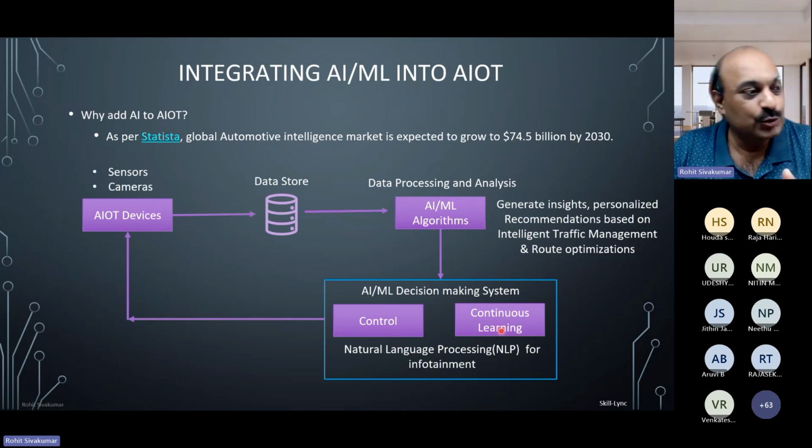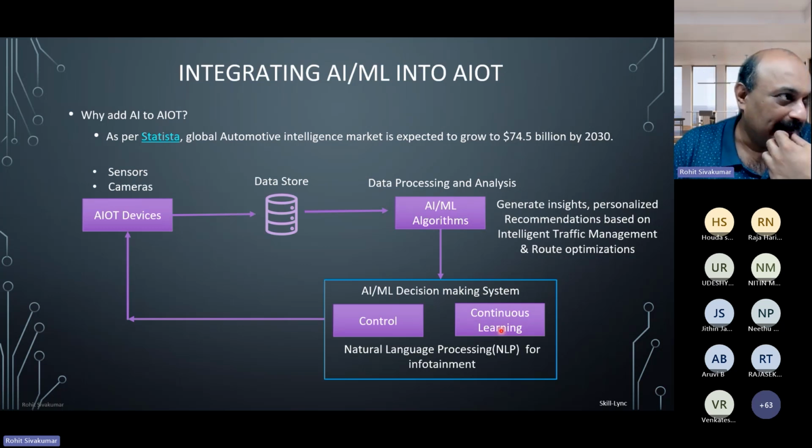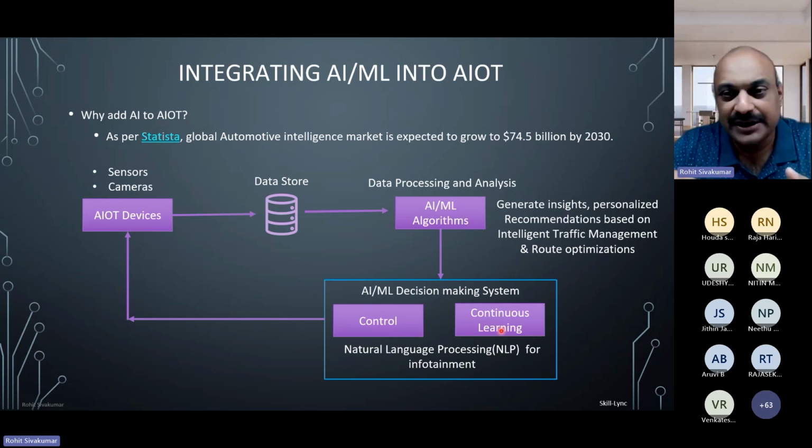Similar is the case with examples such as using the density of traffic at a certain traffic point. The cars can interact with the traffic light, and that information will be used intelligently by the traffic signal control system, so that you're not stopping at a red light for long hours or long minutes if there is not too much traffic around.